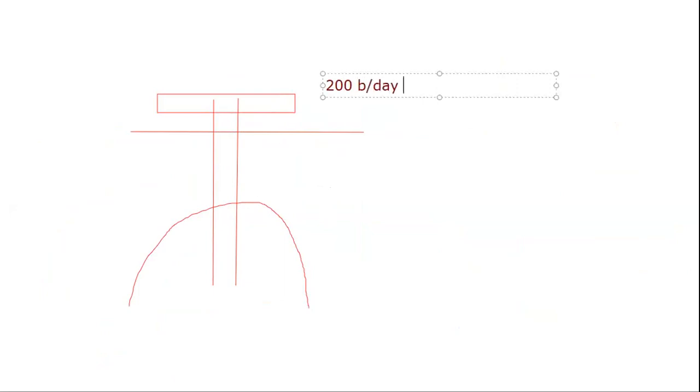Again, we have a well. Now, you are producing this well at the surface, let's say 200 barrels per day, on 13 October 2020.